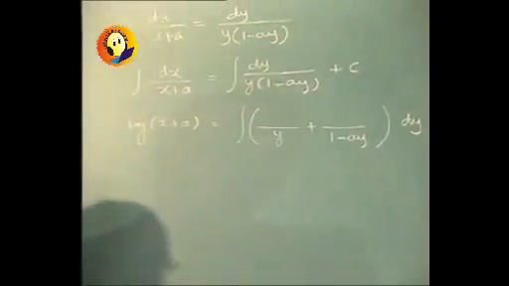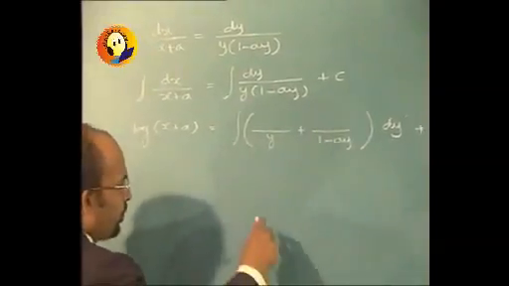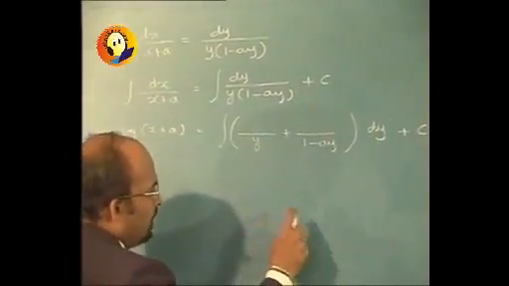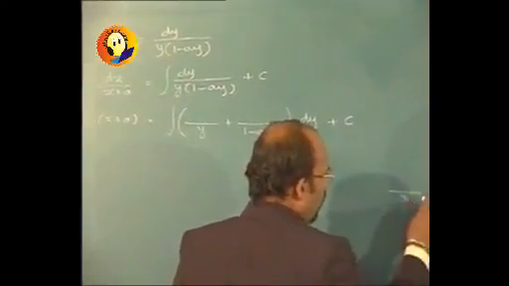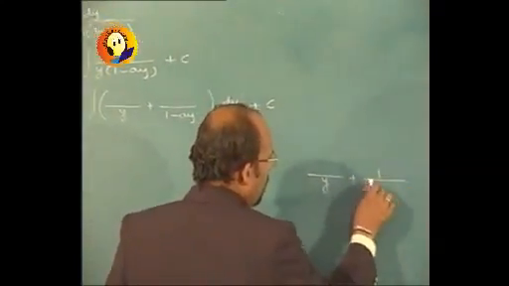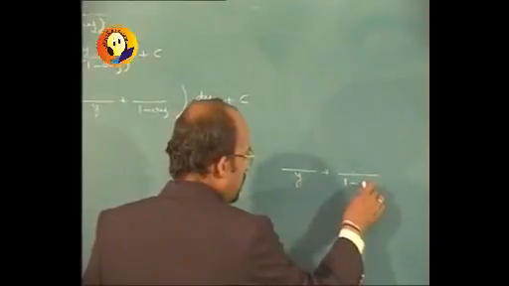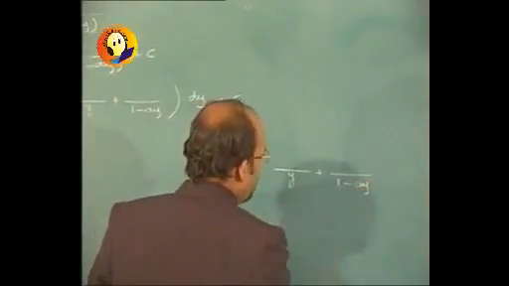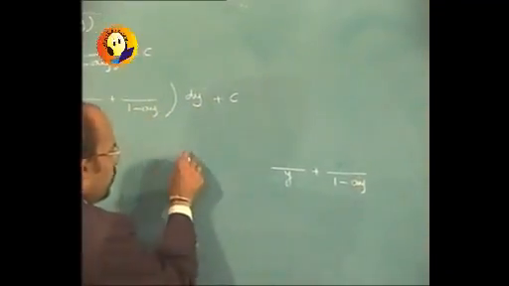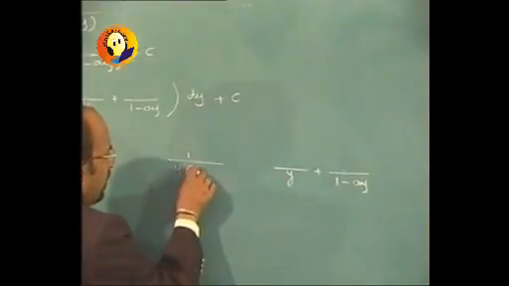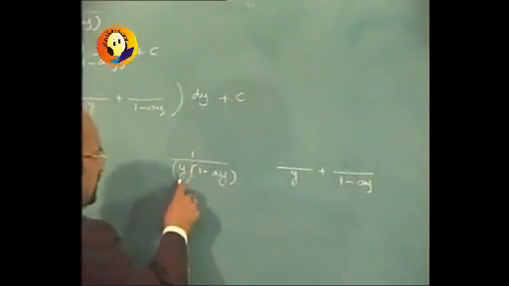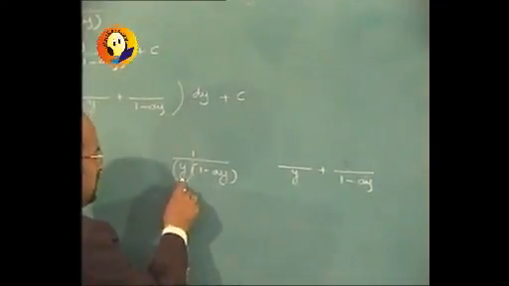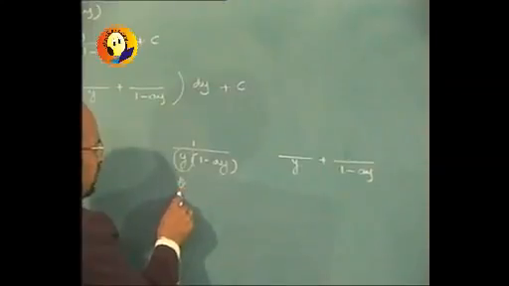Now, when the denominator is in the single degree, the procedure to be followed is like this. We have got something upon y plus something upon 1 minus ay, and the actual term was 1 upon y into bracket 1 minus ay. Now to find the numerator of y, we will have to check that there are two terms. First term will be 0 when y is equal to 0.